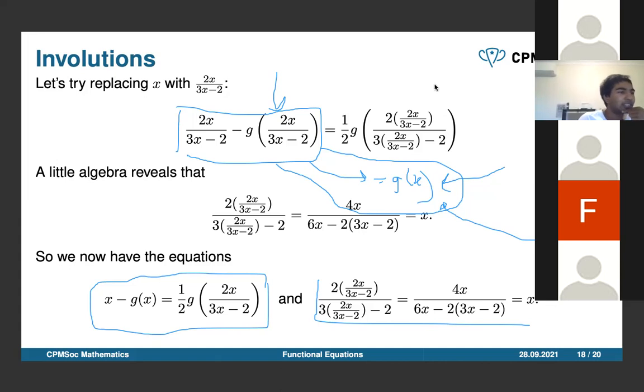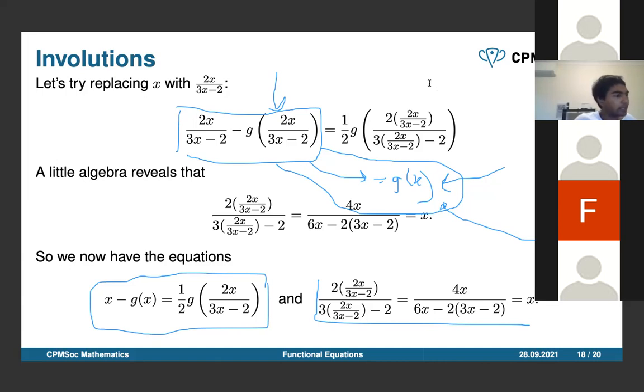In the chat, Ezra says simultaneously solve for g of x, and that is the correct answer. The g of 2x over 3x minus 2 may not be helpful for us, but we can eliminate it and just get g of x, which gives us an equation with just g of x in it.